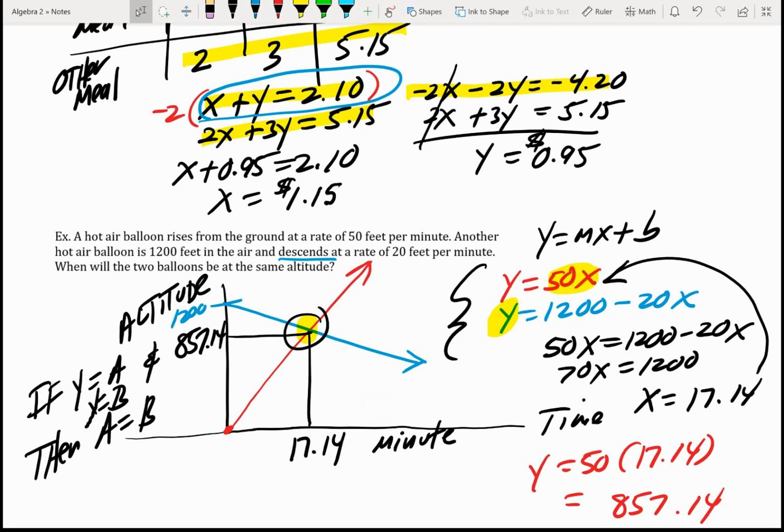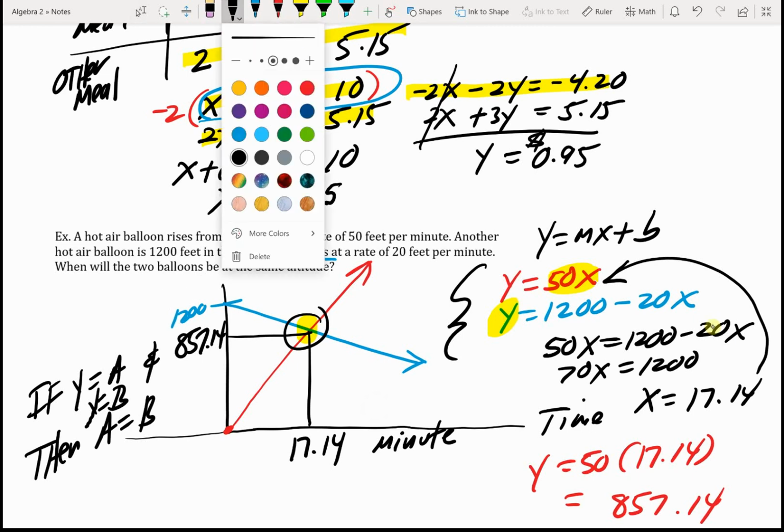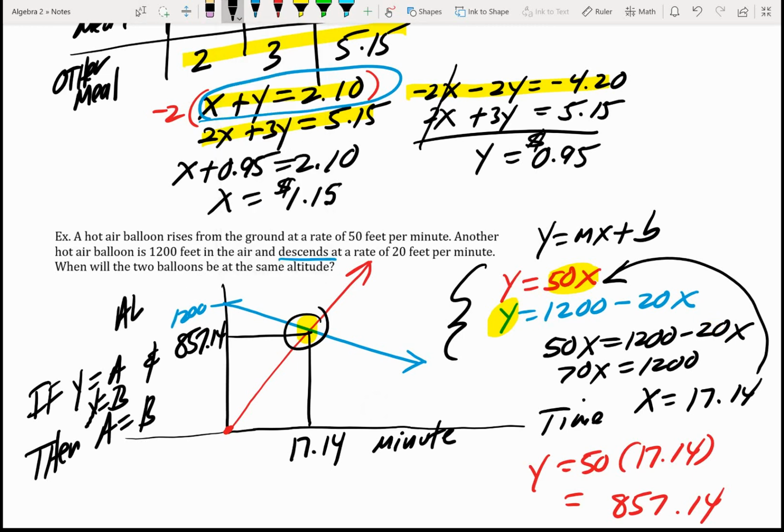So here I drew a coordinate plane to help. On one axis I have time, and on the other axis I have altitude. And we're working with linear equations, y is equal to mx plus b. So for the first equation, a hot air balloon rises from the ground at a rate of 50 feet per minute.